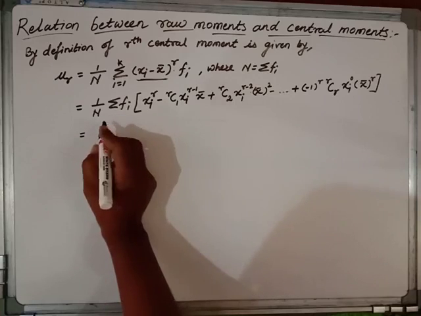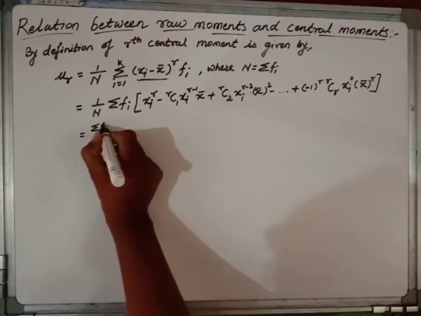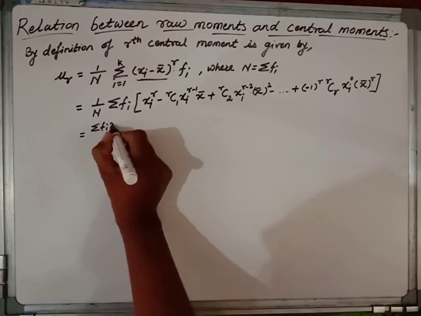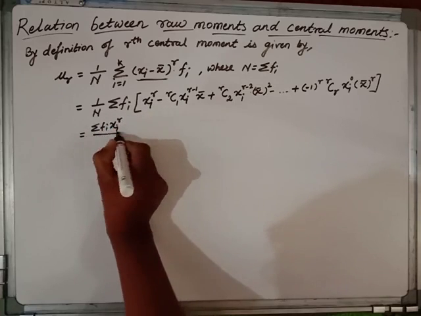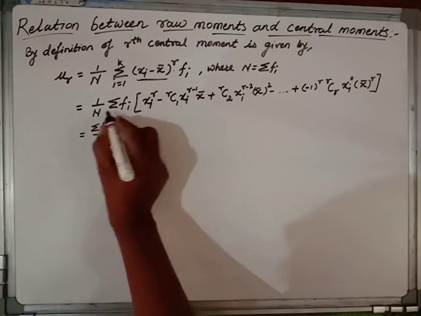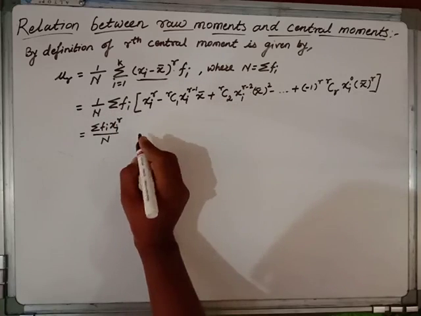We will get summation fi into xi raised to r upon n. This term will be multiplied to each and every term.